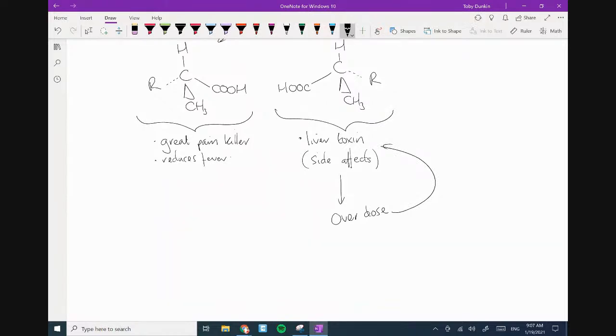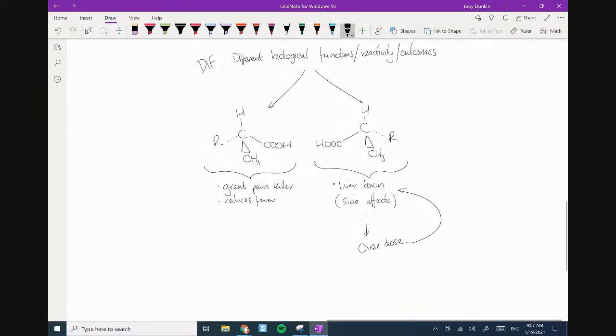But if you take it in small doses, the liver is fine to be able to manage it. That's not a problem. And we actually sell the drug, and I'll talk about that.